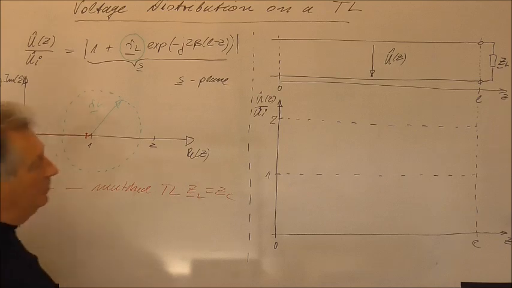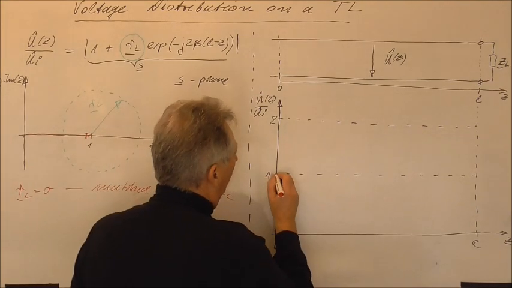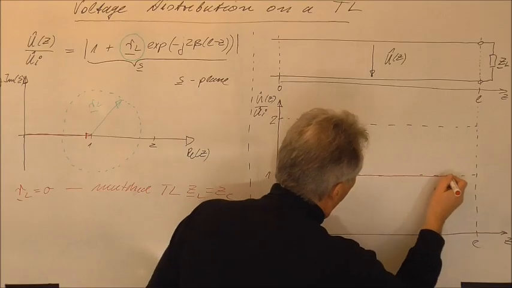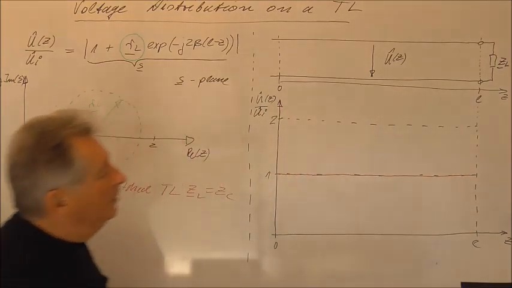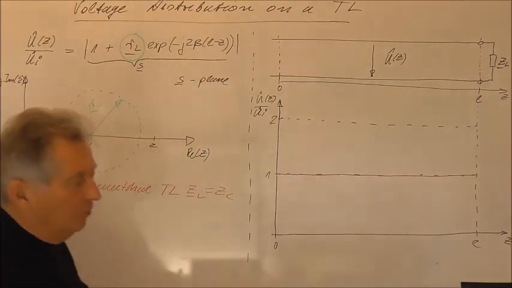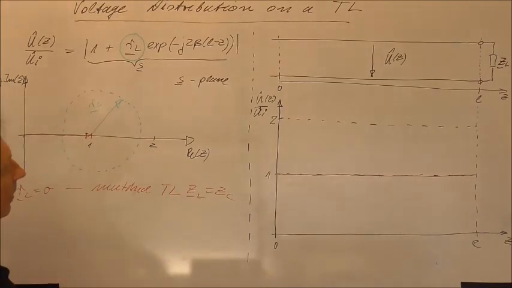This means if you go along the transmission line, you will measure the same voltage everywhere. We will have no standing wave on our transmission line.